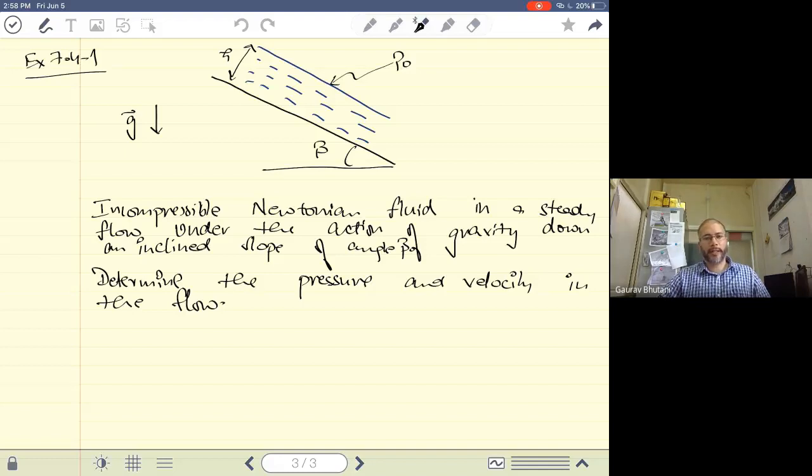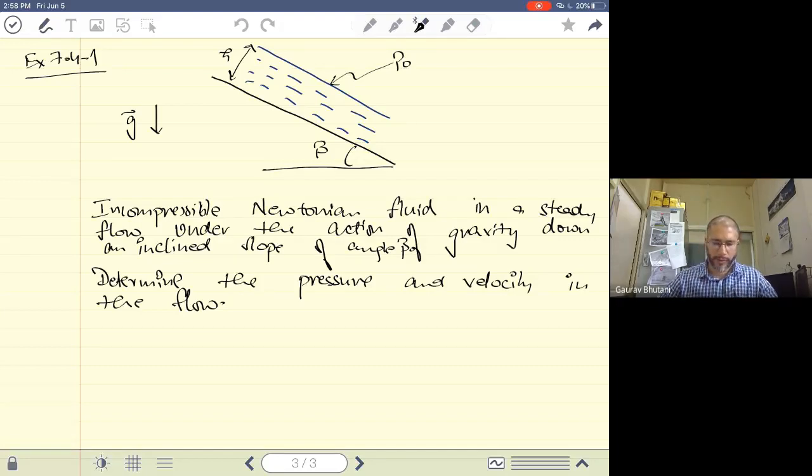So as I said, pressure and velocity are the two fields you typically need to be able to characterize the flow field completely. So that's what we have to find. So our job now is to utilize the Navier-Stokes equation and the conservation of mass equation to solve for the pressure and velocity everywhere in this flow situation.